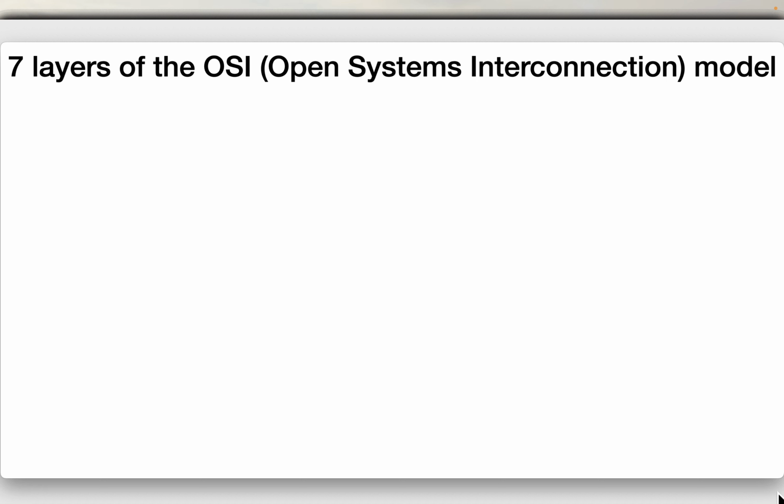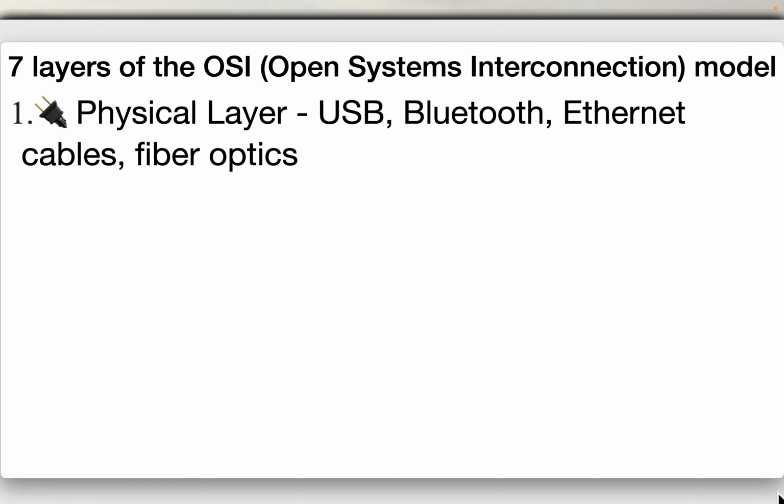Before I discuss the feature comparison between all the four load balancers, I will quickly talk about the 7 layers of the Open Systems Interconnection model, OSI layers. So first we have the physical layer, which is USB, Bluetooth, Ethernet cables, fiber optics.